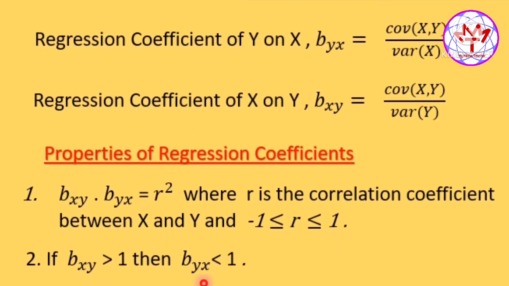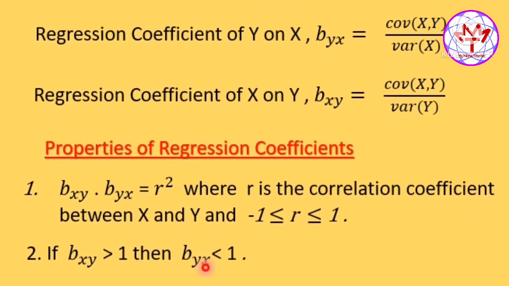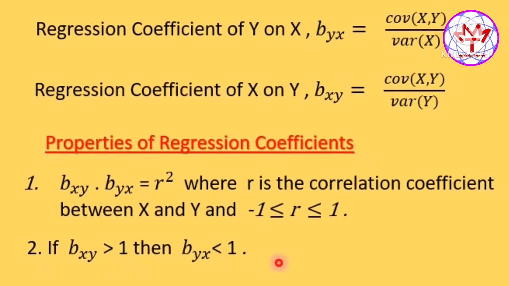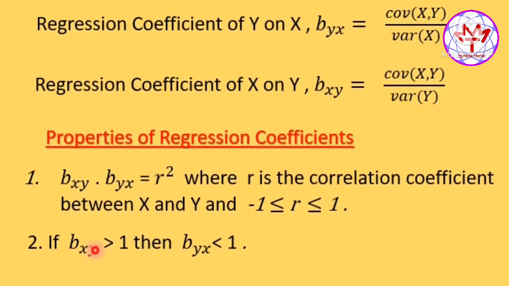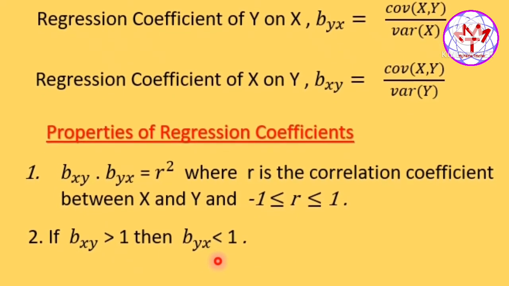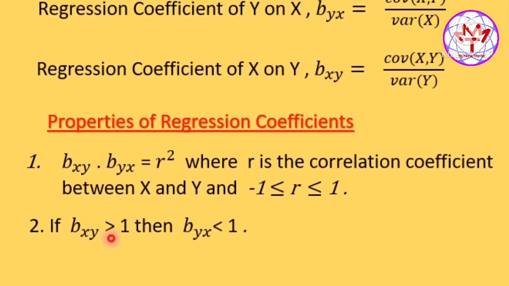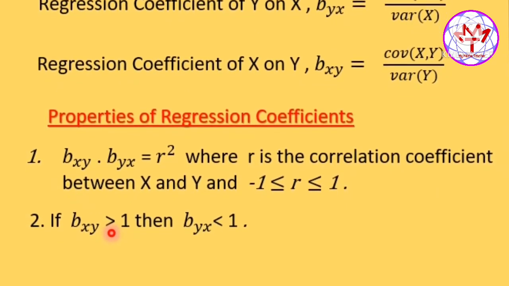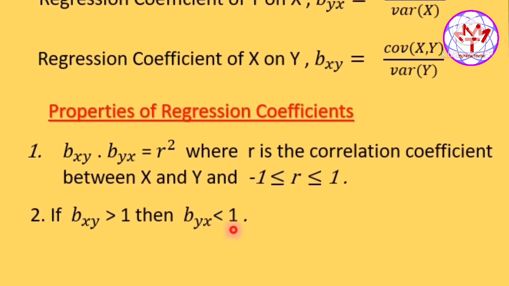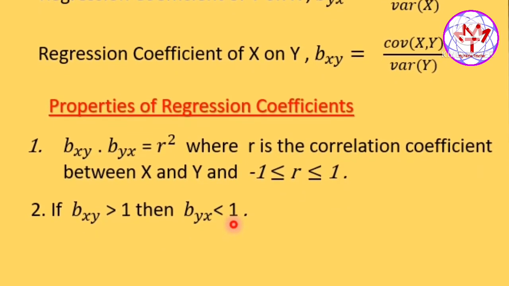So the product of these coefficients will be less than or equal to 1 if one of them is less than 1 and another one is greater than 1. So you have to remember this property, that if one of the coefficients is greater than 1, then the other coefficient will be less than 1.